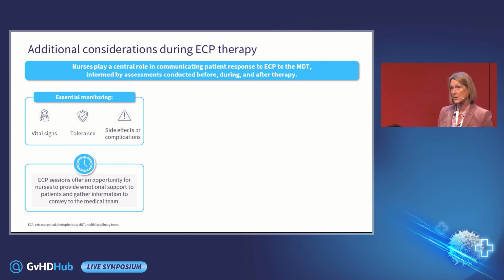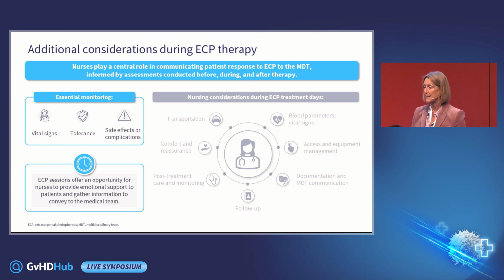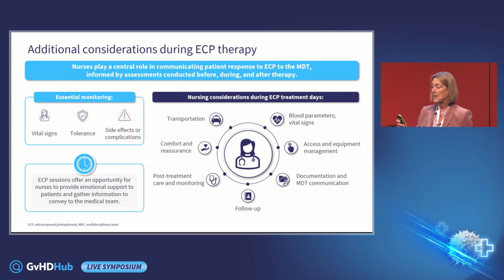So the ECP sessions offer that opportunity for emotional support and therapeutic relationship. And we have all of these other nursing considerations during ECP treatment days. One of the things that we need to do is make sure that patients are safe to receive the ECP treatment. So we need to make sure that the blood parameters are suitable and appropriate for there to be a treatment benefit.